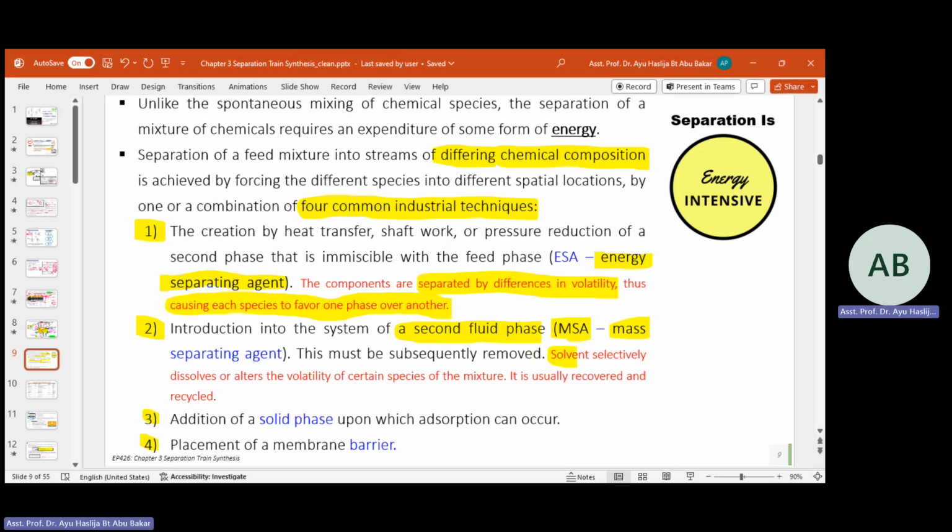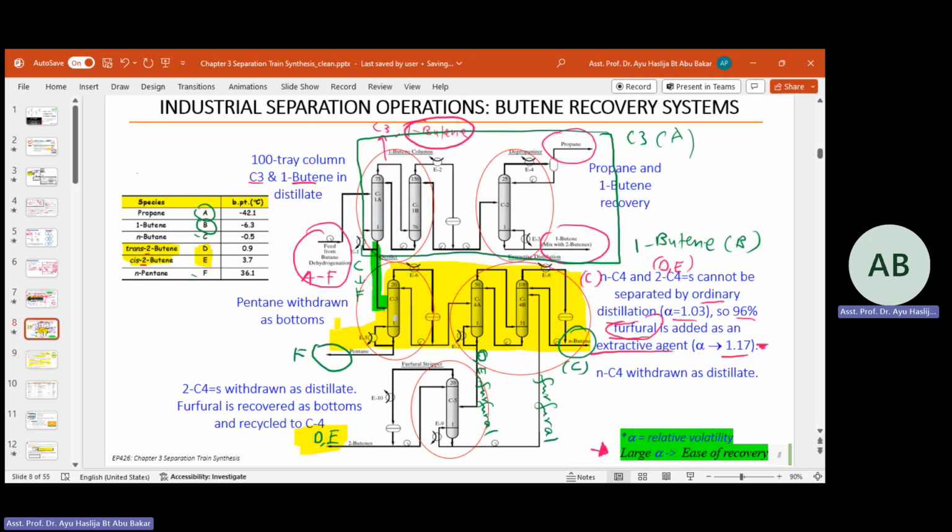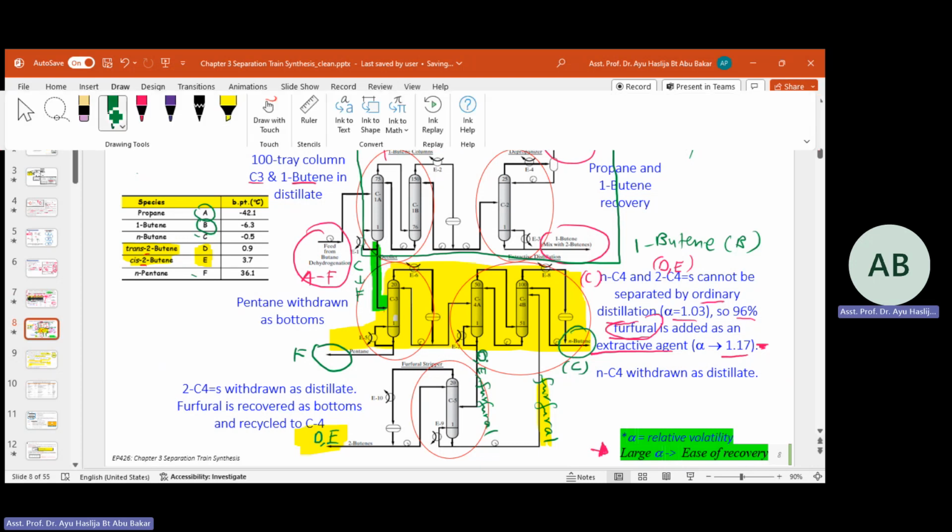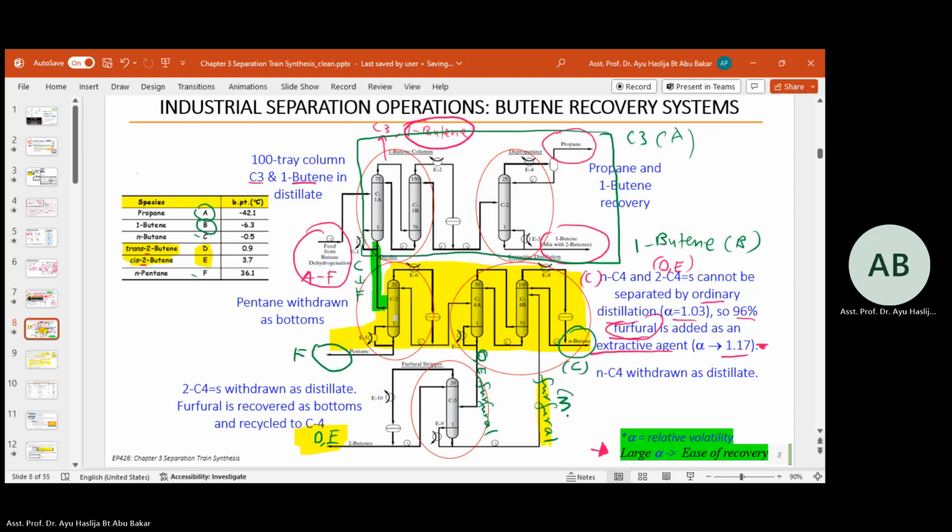The solvent selectively dissolves or alters the volatility of certain species of the mixture. It is usually recovered and recycled, similar to the furfural here. It is recovered and recycled to the previous column.